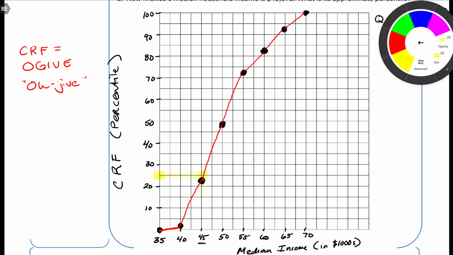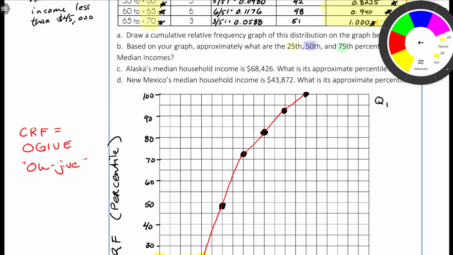And then you want to just go down. And we see about where does that land, and that's right at about 45. Maybe it's a little bit past it because of the thickness of my highlighter here. So let's go ahead and call that quartile 1. We'll go ahead and call that at about 45,500. Again, we use the approximate symbol to indicate that this is just an estimate. It's approximate, but that's quartile 1.